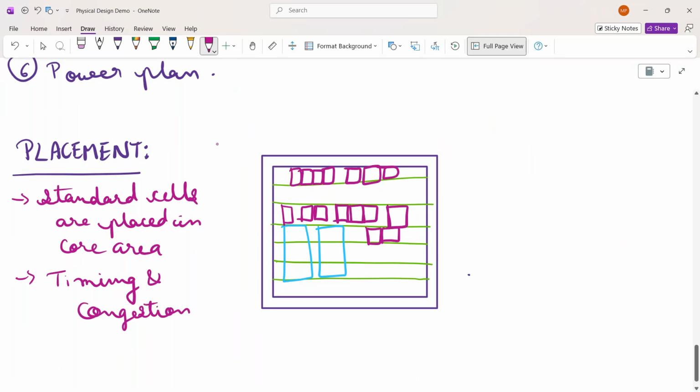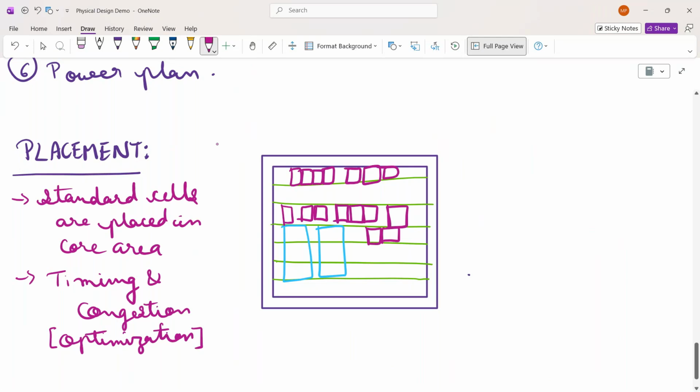We continuously work towards it, and the tool also does it. It continuously works on timing and congestion. This process we call optimization. Optimization means the tool may make certain changes, adding buffers, inverters, upsizing, downsizing, everything. Not functionally. It will not change the functionality of your design, but it will try to attain the timing of the design. So the tool internally works on this.